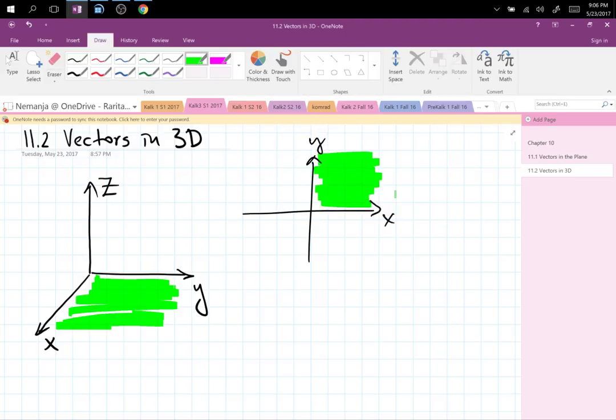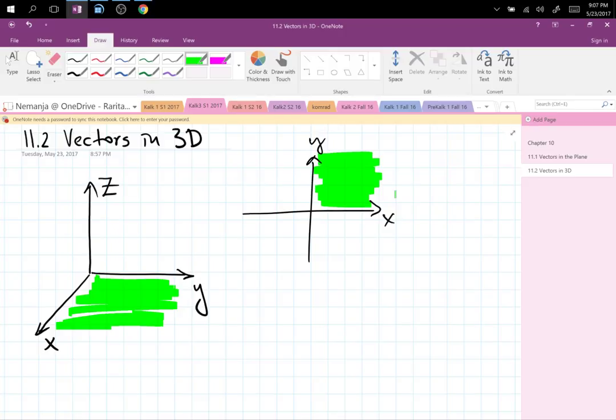As you imagine this coordinate system, visualize the X and Y plane as the floor of this classroom or the surface of your desk. The Z-axis is perpendicular to the X and Y plane. So this surface that I painted green should be the flat surface, whether floor or desk, and then your Z-axis points up.